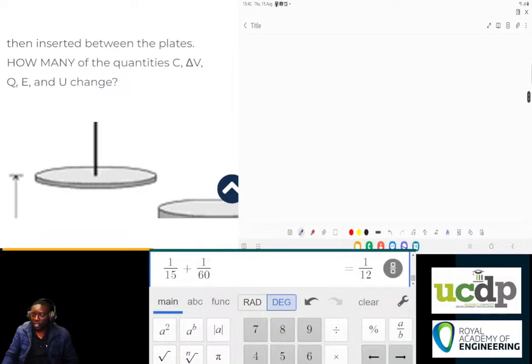So we have the capacitance, C, the voltage across the capacitor, delta V, the charge, Q, and the electric field, which is the potential difference per unit length. So it's the electric field strength, and U, the energy stored by the capacitor.